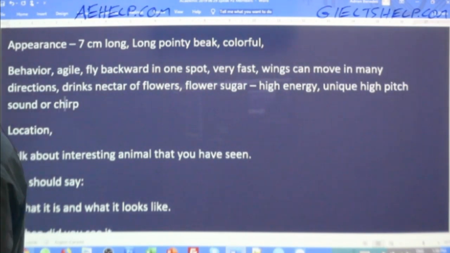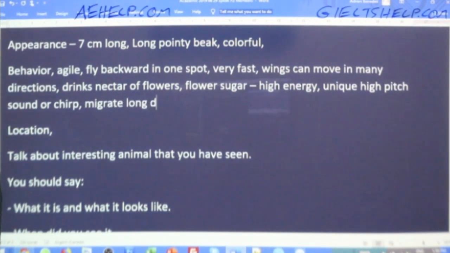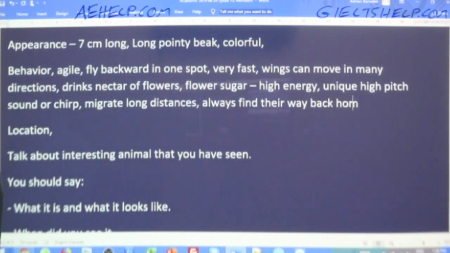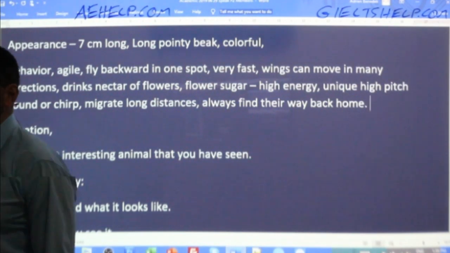One interesting fact about hummingbirds is they migrate long distances. And can always find their way back home.